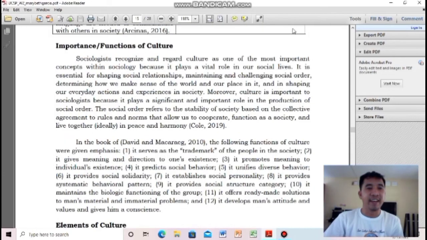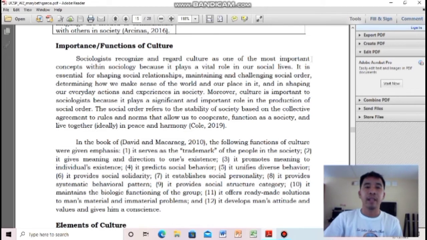Okay, let us start the importance and functions of culture. According to sociologists, culture is one of the most important concepts within sociology because it plays a vital role in our social lives.